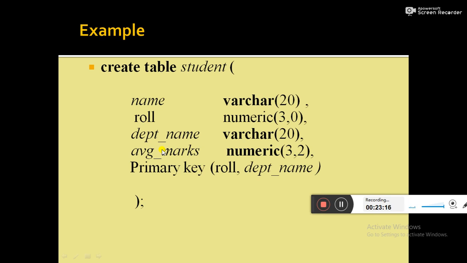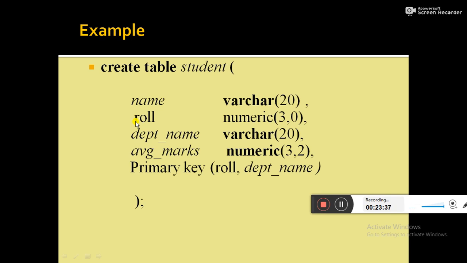So if you mention roll number 1, it is always going to identify 2 records. It is not going to identify a unique record. So roll number 1 will identify the record from a CSE student as well as from an EC student. So roll number alone cannot be a primary key because it cannot uniquely identify a particular record.